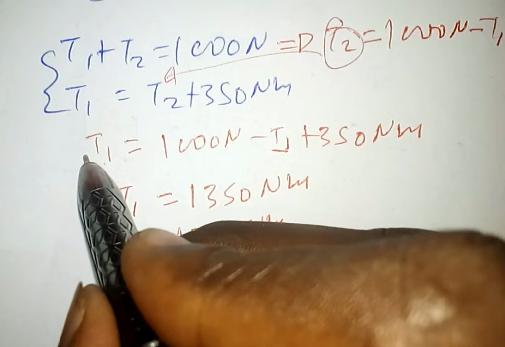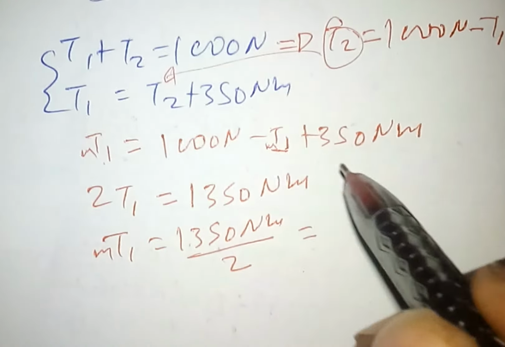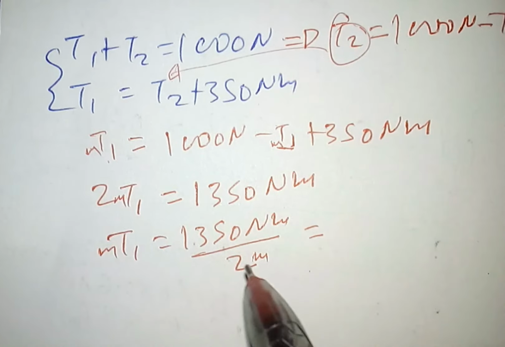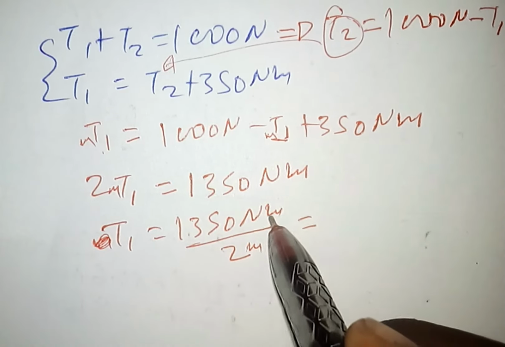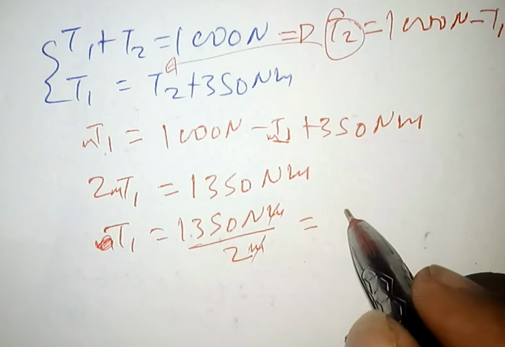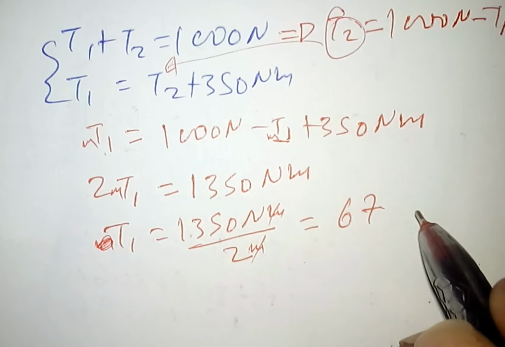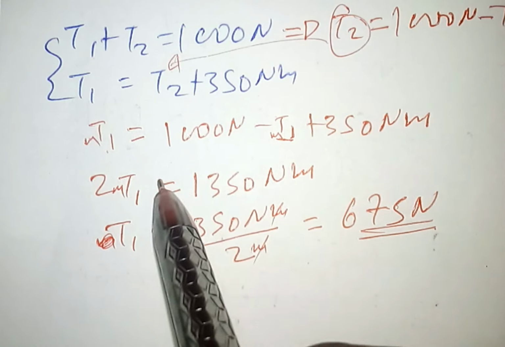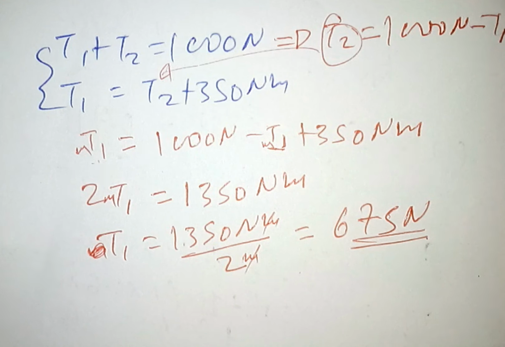In all the places of T we have meters, so when I divide by 2 meter, the meter cancels, and if I divide the numbers I get 675 Newton. In the place of T I have a meter because I multiplied it by 1 meter.